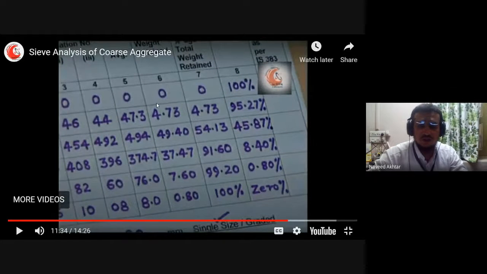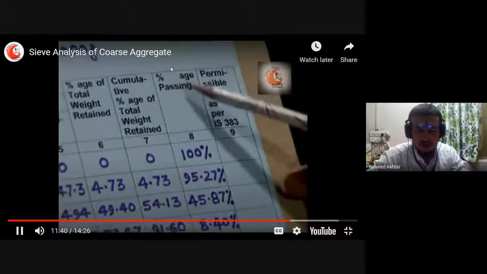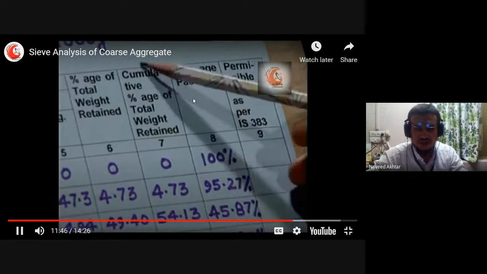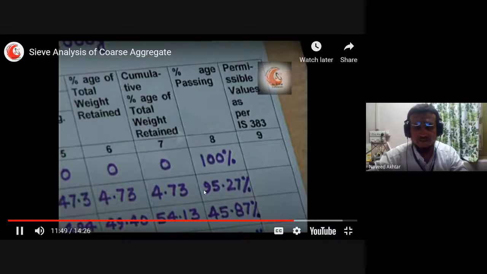All the cumulative percentage weight retained you have to find in this column, and then the percentage passing can be calculated. 100% passes the 20 mm sieve, 100 minus 0 is 100, and then 100 minus 4.73 will give 95.27 percentage passing of 16 mm aggregate.